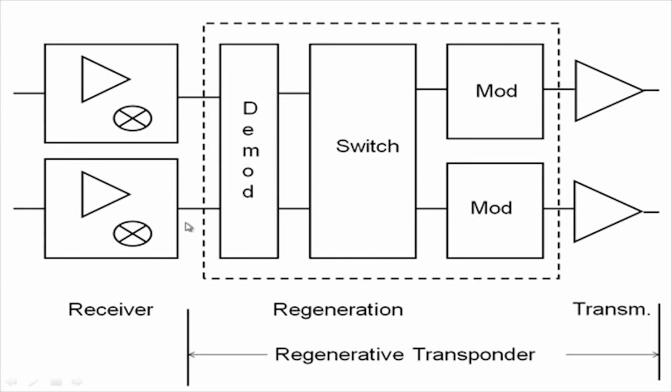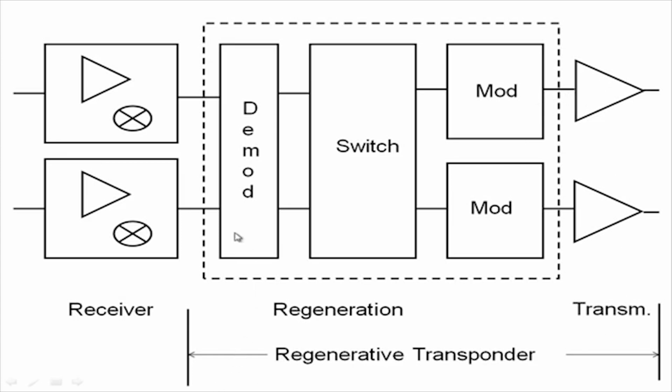A very short block diagram, we will not discuss it in detail, but the short block diagram is this: this is the receiver, with a very small symbol for the block as an amplifier and the mixer, that is, down conversion together. From different beams the signals come and are put into demodulation. I said a demod, but actually there are many demods here, and after that the processing or routing or switching is done at the digital, baseband level, and then it goes into modulation, up conversion and then amplification.